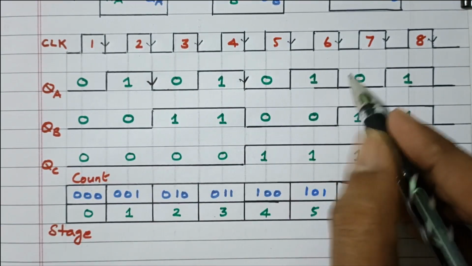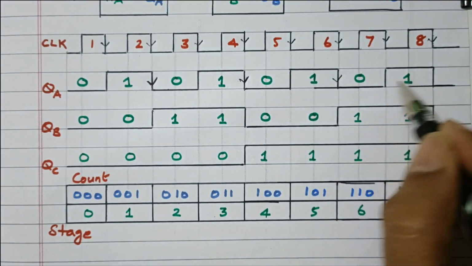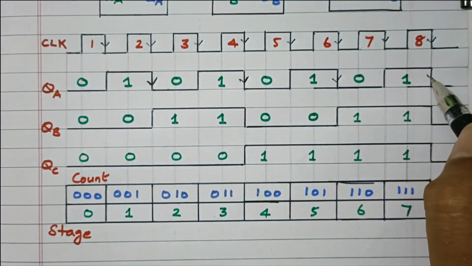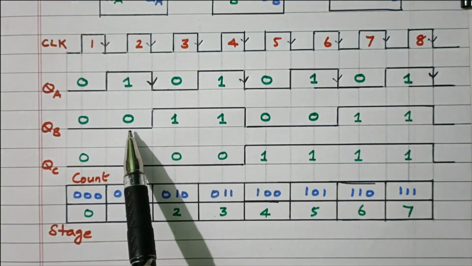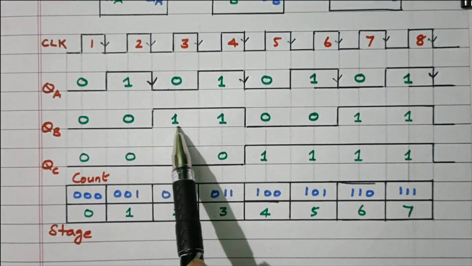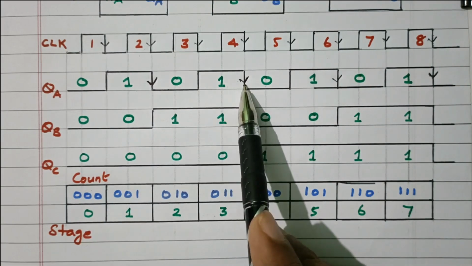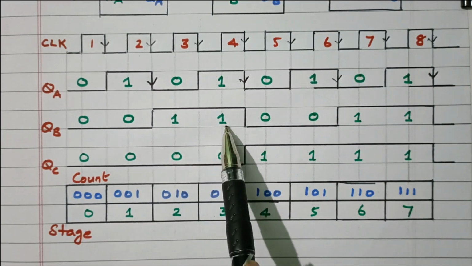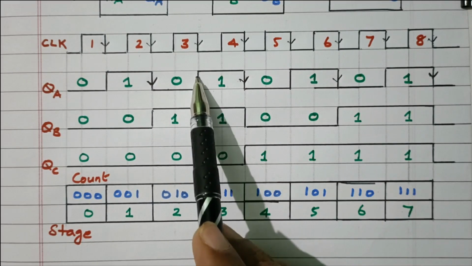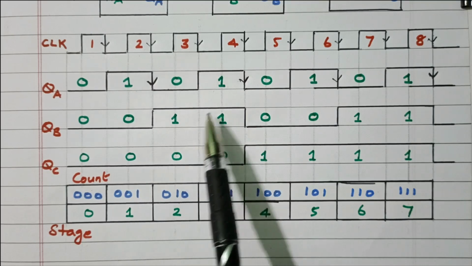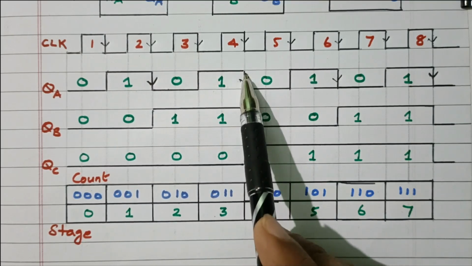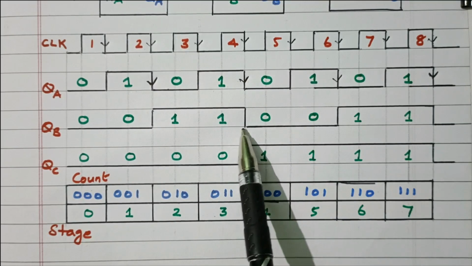Similarly here, 1 to 0, negative edge. 1 to 0, negative edge. So whenever there is a negative edge, the state changes from 0 to 1. Until the next negative edge, the 0 will be maintained. Right? Here this is the positive trigger, no change. Positive trigger, the state will not change. During negative edge only, the state will change.